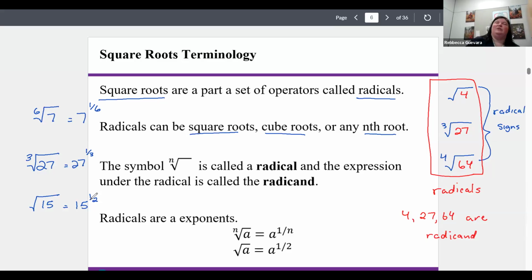This is why we're going to talk not just about radicals here, but also about rational exponents, because when you have a radical, you can write it as something that has a rational exponent.